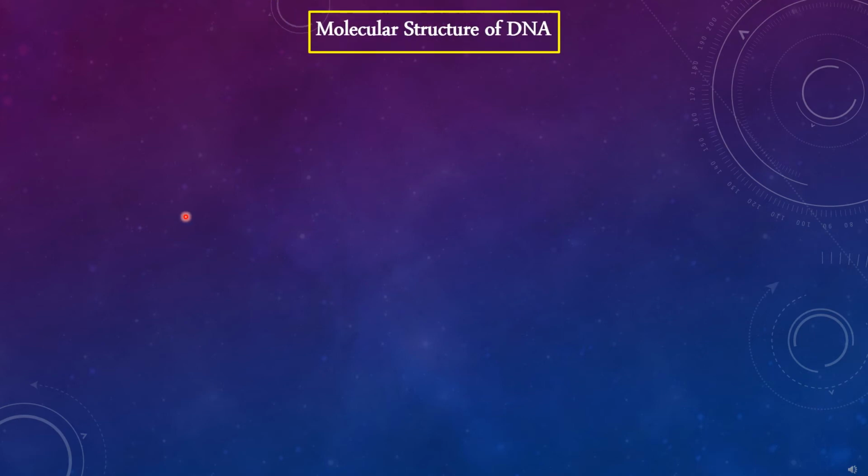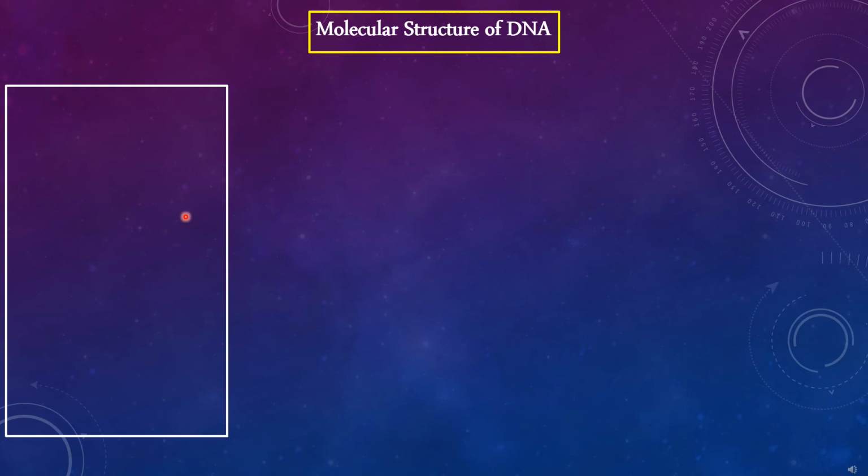You will get a clear idea about the structure of DNA from here. It's the molecular structure of DNA. DNA is composed of deoxyribose sugar, a 5 carbon sugar, and inorganic phosphate.